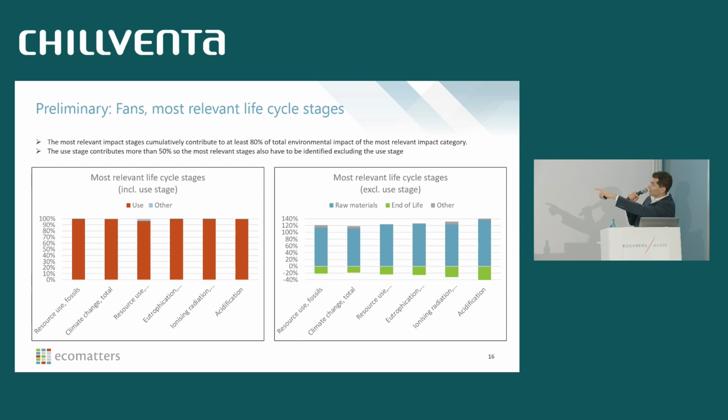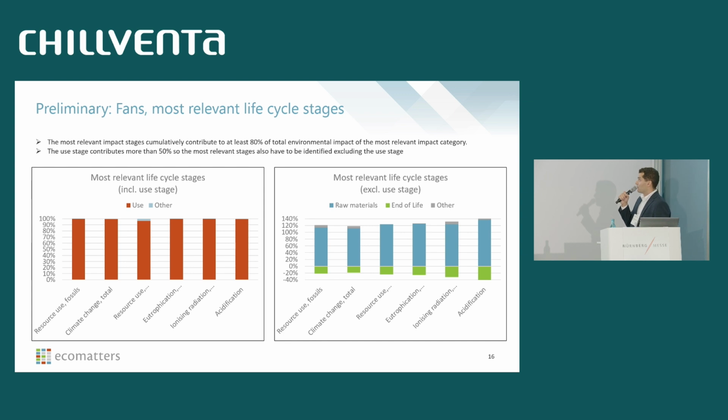And we can see on the left side that if we look at the full life cycle, then the use stage is fully dominating the impact. Most of the impact is coming from this stage. And this is specifically the electricity consumption of the product during operation.